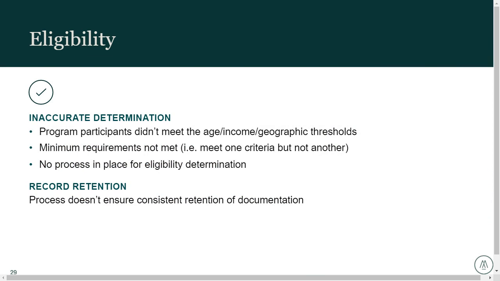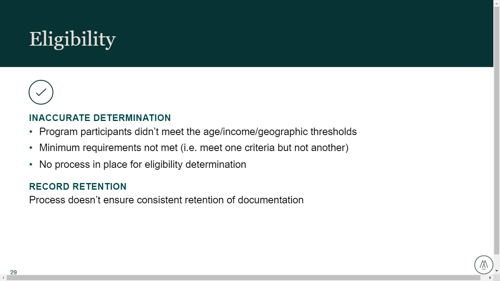Eligibility, I think these are pretty straightforward, just inaccurate determination. Definitely, if you receive an award that has an eligibility component, making sure that you're developing processes in place to have that information gathered at the front end, and then also with regard to the record retention, documenting that and saving it.